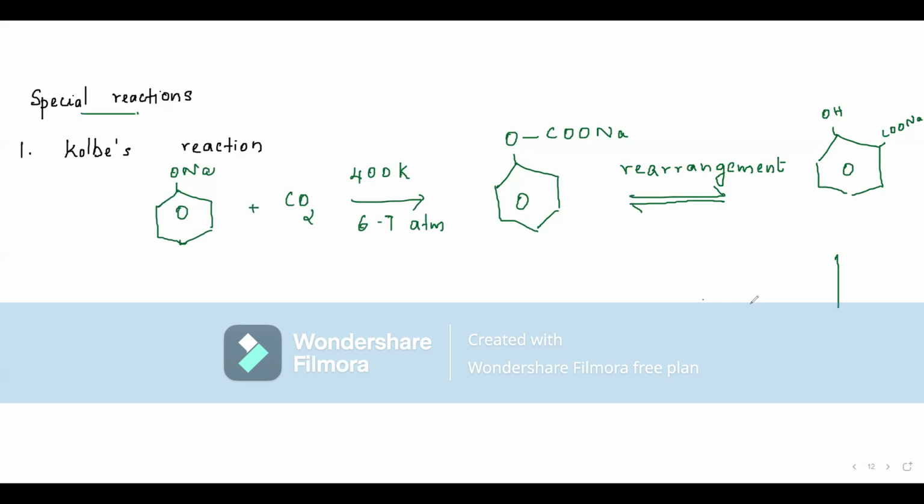Now that product that we get after rearrangement is subjected to acid hydrolysis. And what you get after acid hydrolysis is benzene ring with OH, that is phenol.